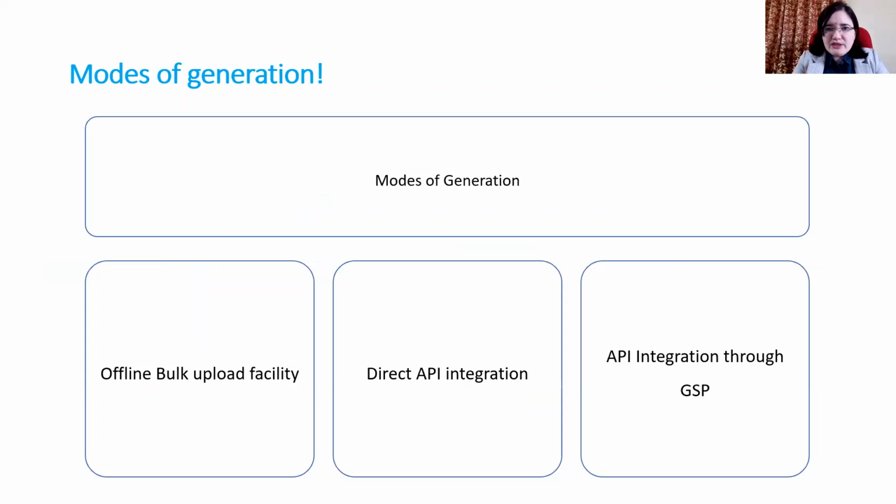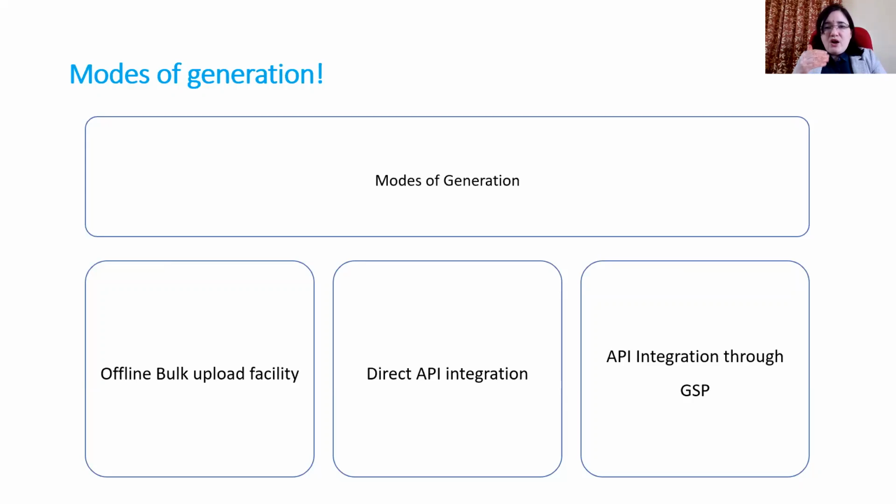You may be aware that when filing GSTR-1 or GSTR-3B, the government has given a utility for generating the JSON file. In a similar way, for e-invoicing, the government has given a utility or schema, which can be filled offline, and you can create the JSON and upload it. So these facilities are available from the government side.